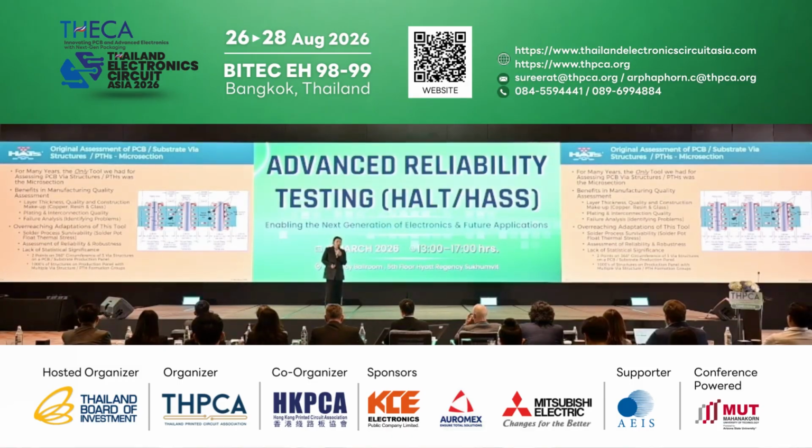For example, normally when we do microsection, we don't go to the field and just grab a board and start the microsection right away. There is some preparation to be done before we start the microsection.